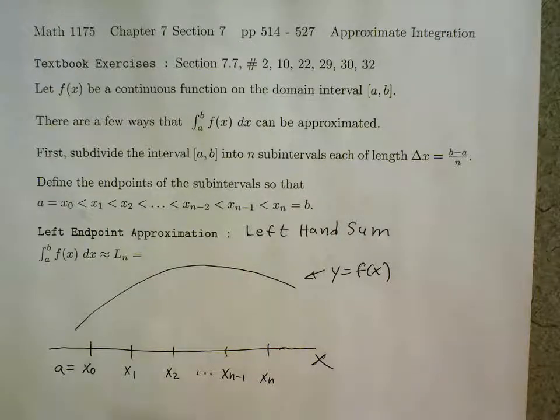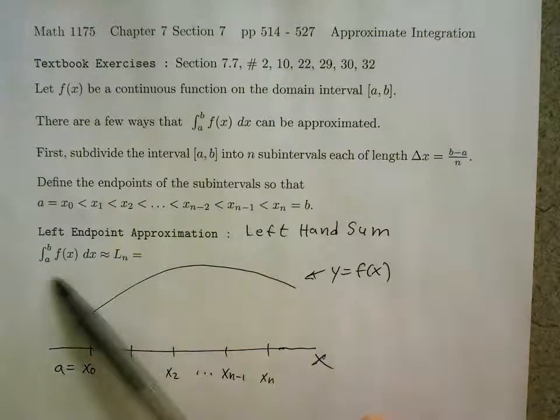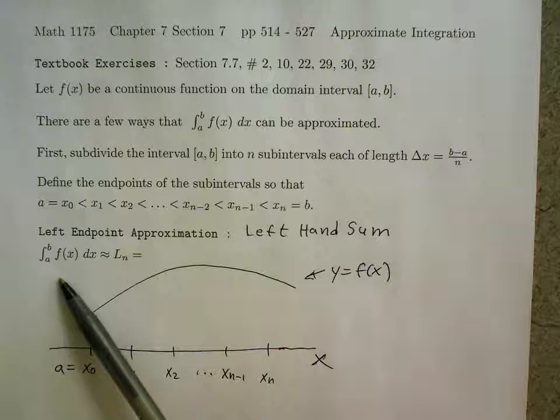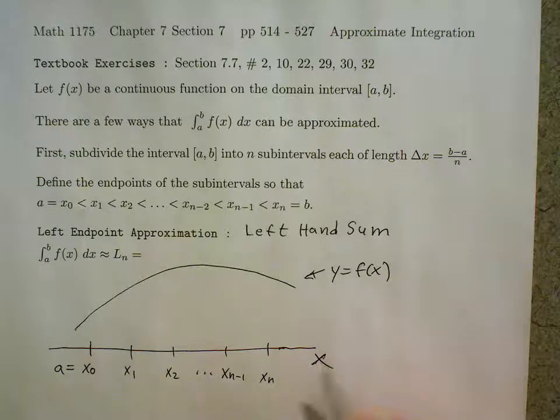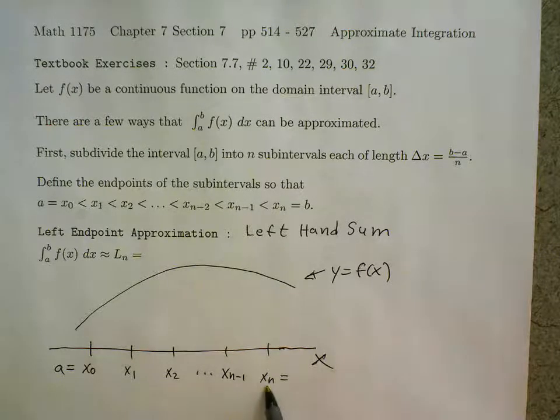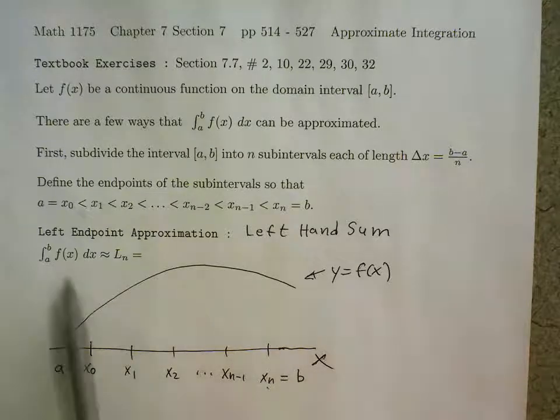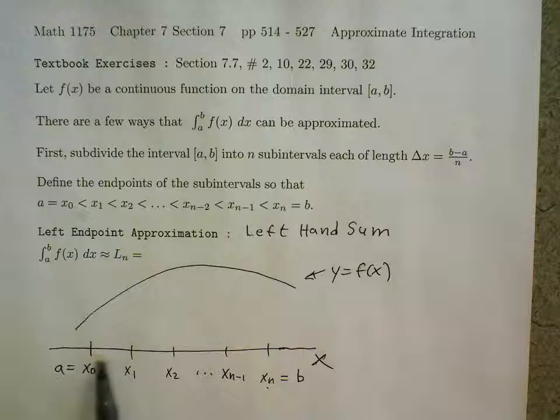And if f of x is greater than or equal to 0, then this definite integral of f of x on the interval from a to b, the last endpoint x sub n is the same as b. The value of that definite integral is just the area below the graph of f of x and above the x-axis on the interval from a to b.